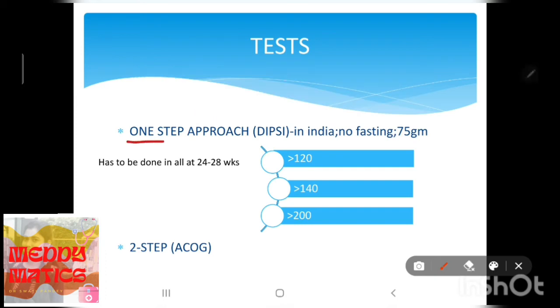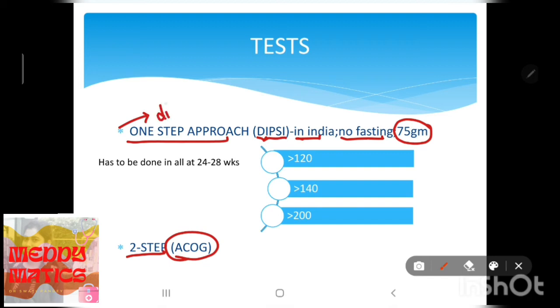It can be a one-step approach or a two-step approach. The two-step approach is given by ACOG, and the one-step approach is given by DIPSI in India, where no fasting is needed and 75 grams of glucose is given. So the one-step approach is directly a diagnostic method.